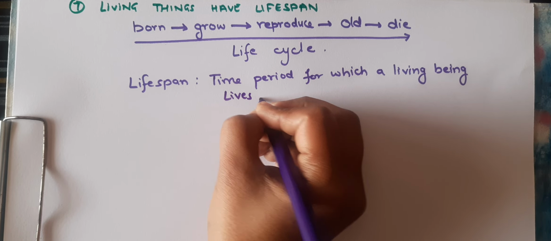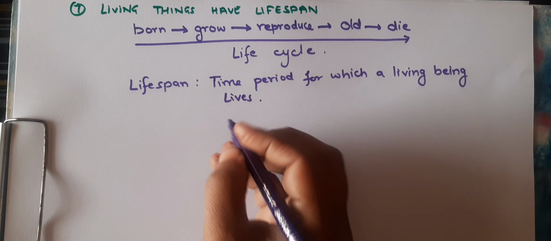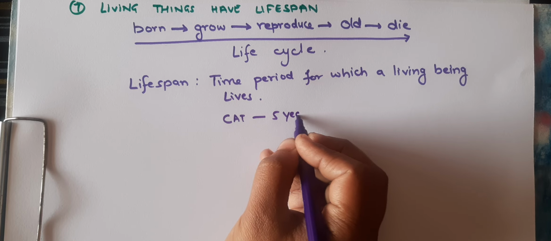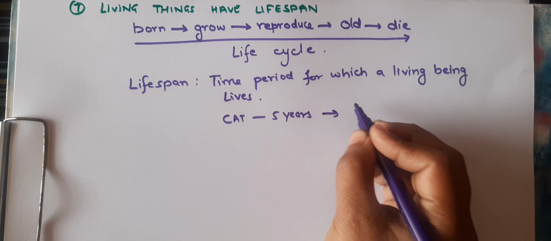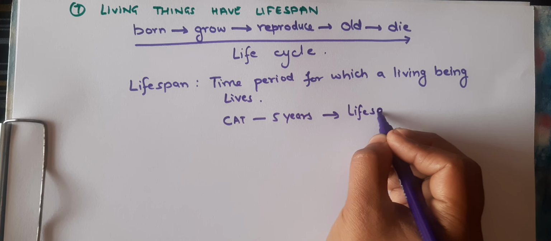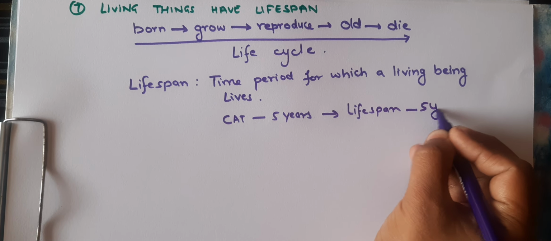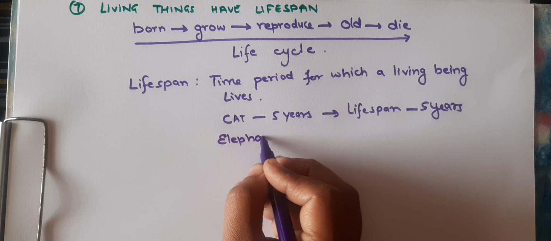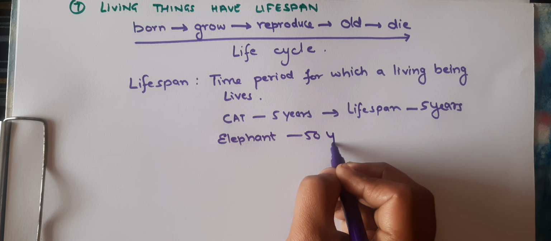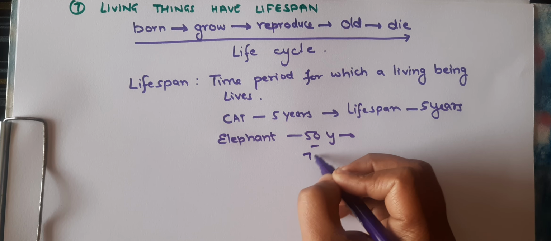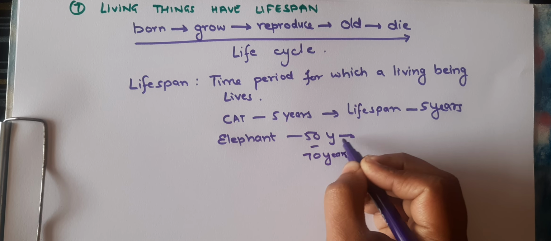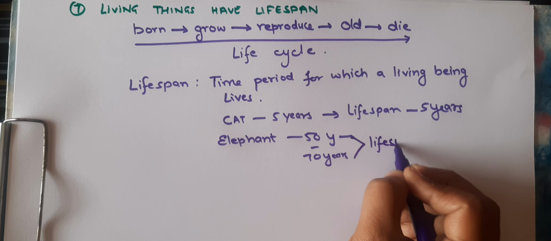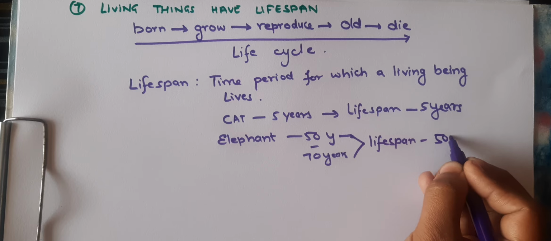Suppose a cat lives for 5 years, then we say that the lifespan of that cat is 5 years. And suppose an elephant lives for 50 to 70 years, then we say that the lifespan of the elephant is 50 to 70 years.